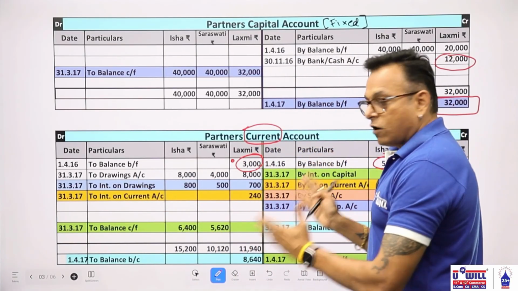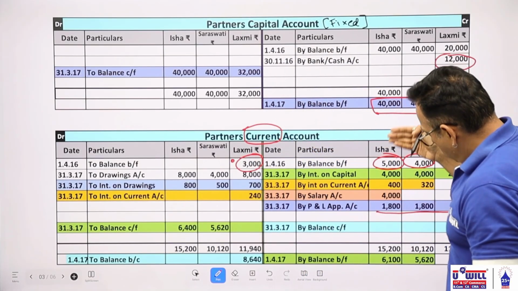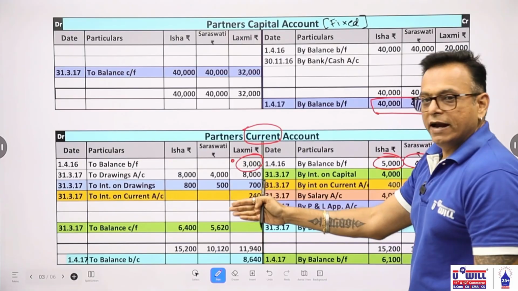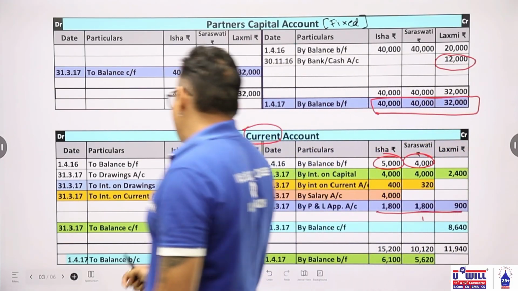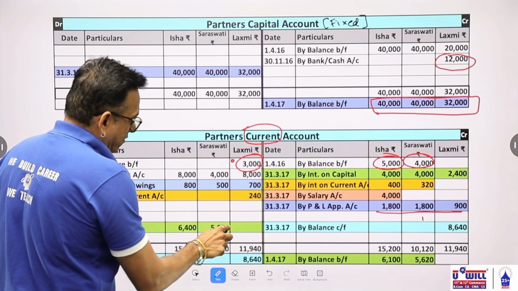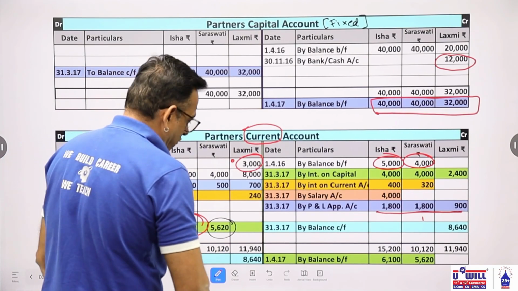Anyways, we focus on the concept right now: you can see all these credits minus all the debits, what we get is the balance. Now, dear students, pay attention, these balances, 5620 and 6400.